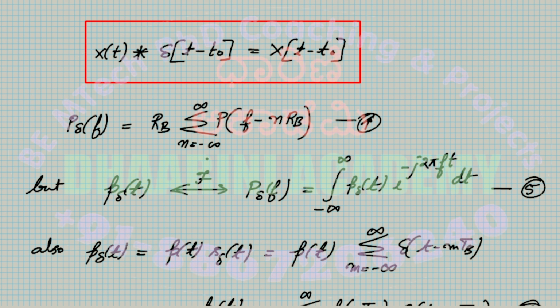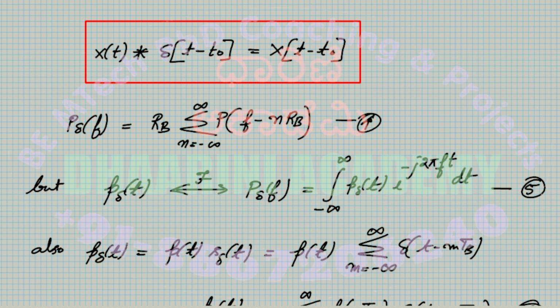We will go back to the P delta of t and its Fourier representation. So P delta of t, the sampled version of the pulse function, has a Fourier representation denoted by P delta of f, equal to the integral from minus infinity to infinity of P delta of t e to the power minus j2 pi f t dt, the basic equation of the Fourier transform.